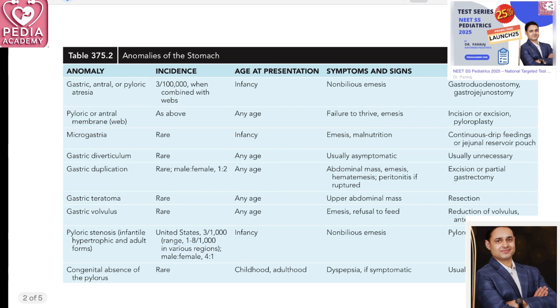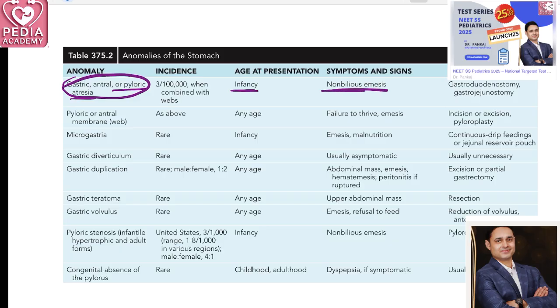This is also important. So first thing, gastric antral or pyloric atresia. This is pyloric atresia, it is not pyloric stenosis or infantile hypertrophic stenosis. It presents in infancy with non-bilious vomiting.